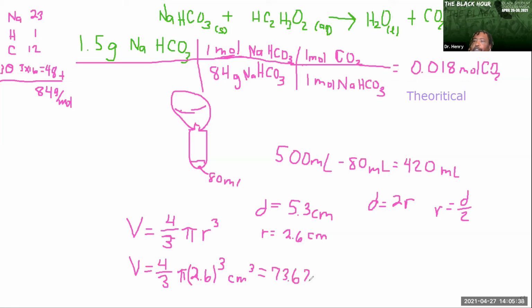Okay, so if I have 2 sig figs and I got something like this, 74 cubic centimeters. Okay, Brittany asked, where does the 4/3 come from? So that's the equation for the volume of a sphere.